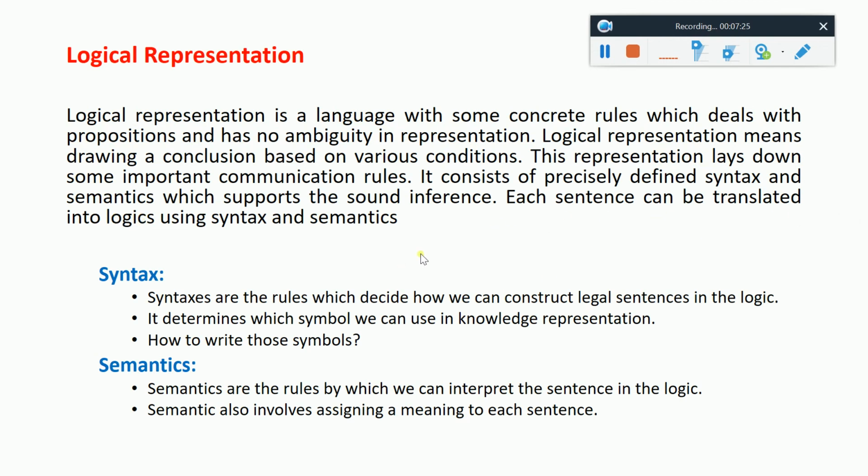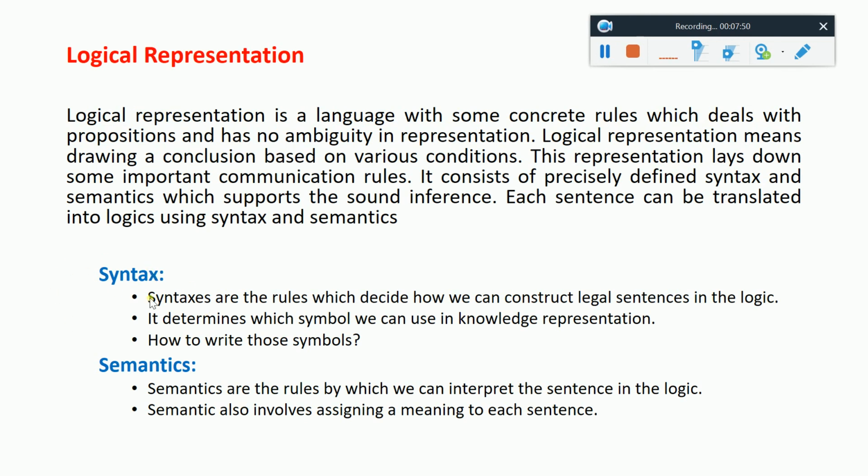Each sentence can be translated in logical representation into logic by using the syntax and the semantics. Here, syntax is the set of rules which decide how we can construct legal sentences, determines which symbols we can use for knowledge representation, and how to write those symbols.